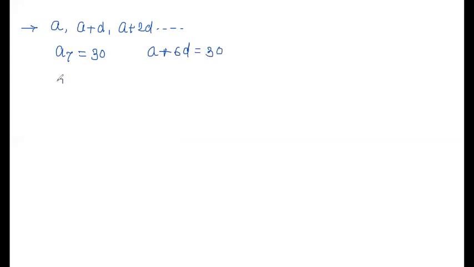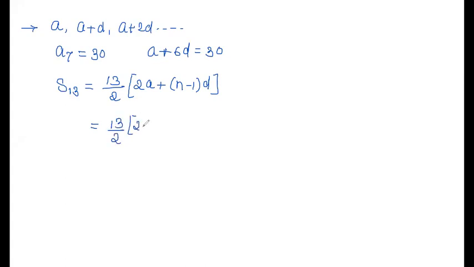And we are going to calculate S13, the sum of 13 terms. So S13 is equal to 13 divided by 2 in bracket 2a plus n minus 1 into d, which is 13 divided by 2 in bracket 2a plus 12d.